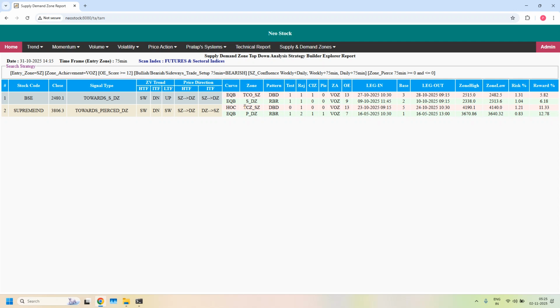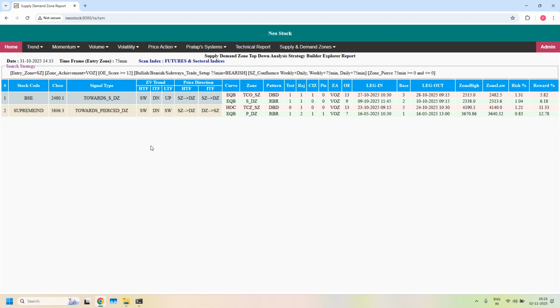In both these stocks, the 75 minute supply zones overlapped with daily supply zone, both together again overlapped with weekly supply zone. But the weekly trend is sideways. Sideways trend EMA confluence does not give any advantage. Okay, this is a bearish trade setup for a weekly income trade.